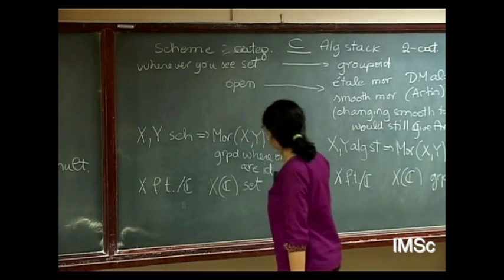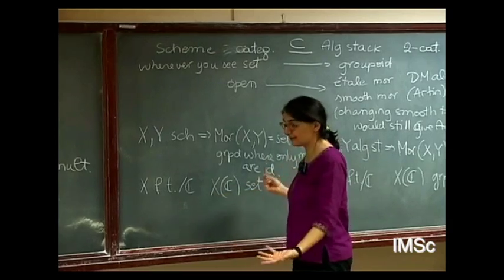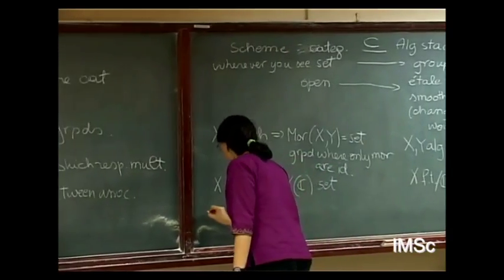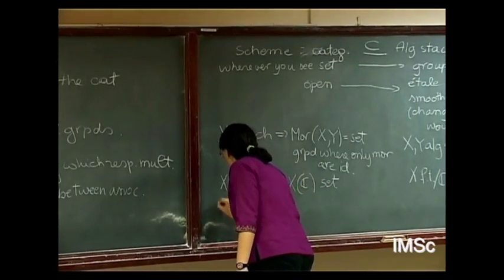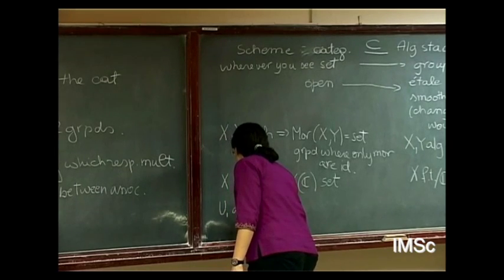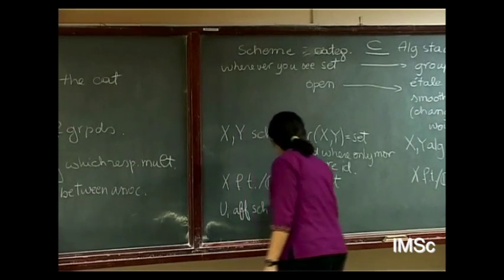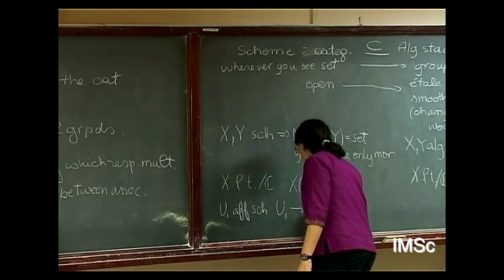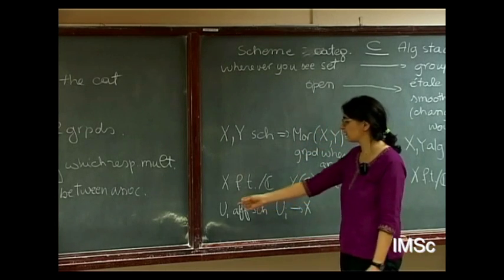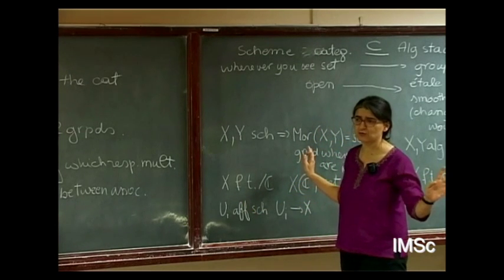Okay? So here, what you could say is that you are given U_i affine schemes and maps U_i to X, and here I will view schemes as having only the complex valued points.